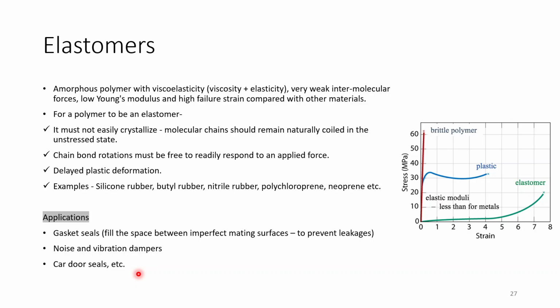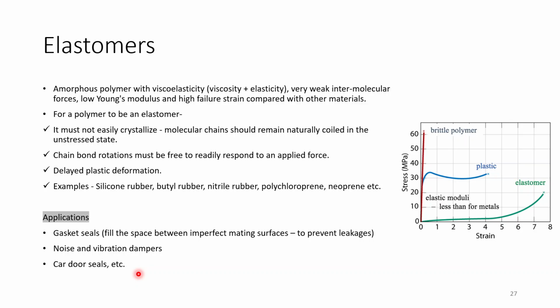These molecular chains should remain naturally coiled in the unstressed state, and the chain bond rotations must be free to readily respond to an applied force. It has delayed plastic deformation, and some of the examples include silicone rubber, butyl rubber, nitrile rubber, polychloroprene and neoprene, etc.